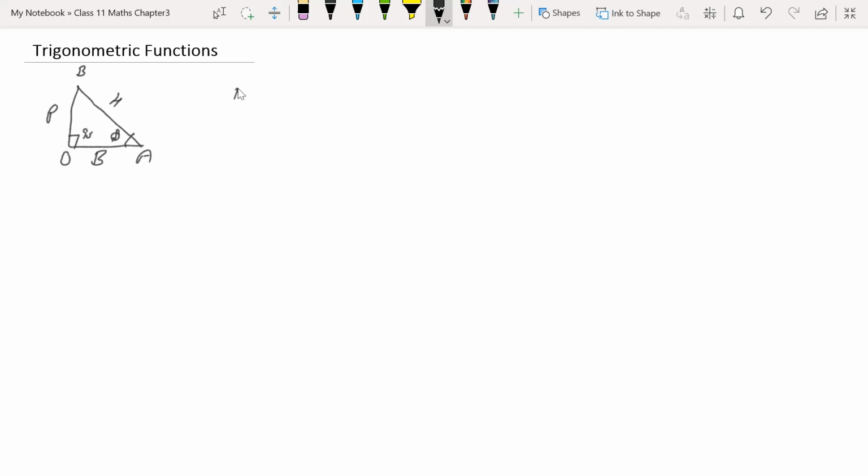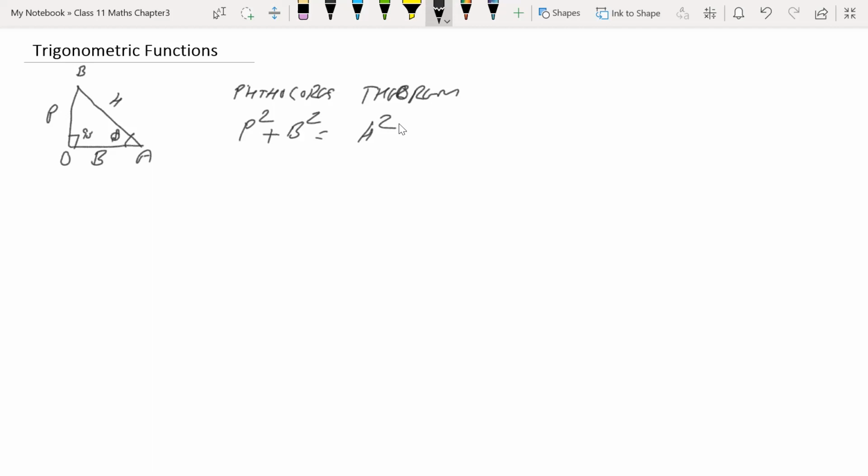According to the Pythagoras theorem, the square of the perpendicular plus the square of the base is equal to the square of the hypotenuse.